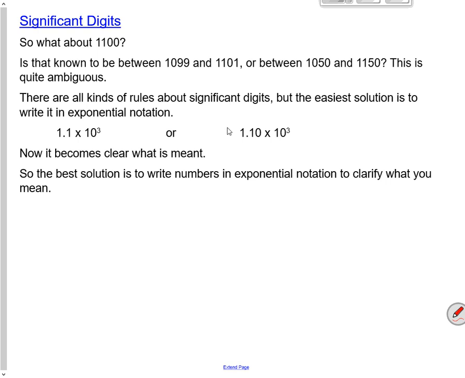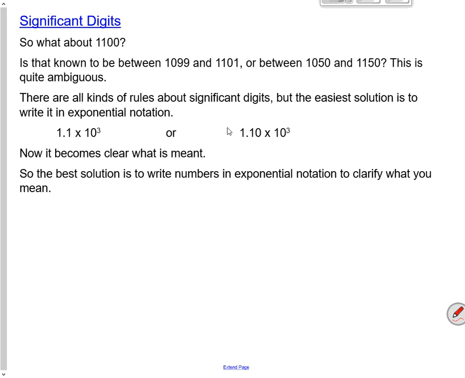That would indicate that I know that number somewhere between 1,050 and 1,150. Or I could write it as 1.10 times 10 to the third, which would indicate that I know that number to be somewhere between 1099 and 1101. So significant digits are much easier to deal with if you write things in scientific notation.